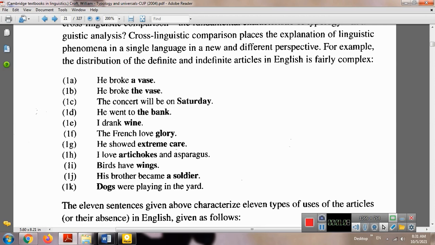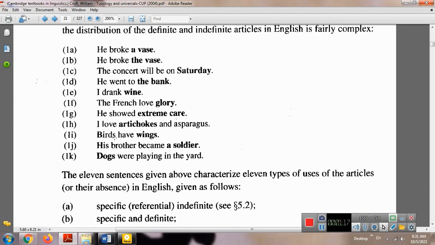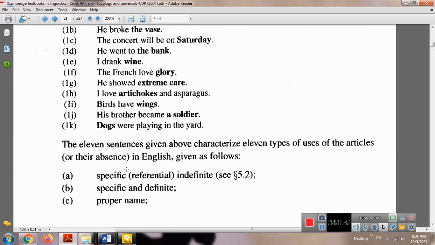He went to the bank. I drank wine. The French love glory. He showed extreme care. I love artichoke and asparagus. Birds have wings. His brother became a soldier. Dogs were playing in the yard.